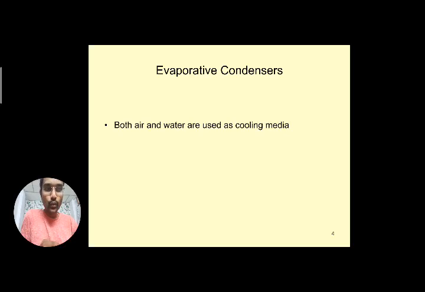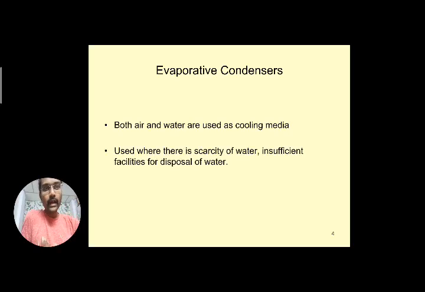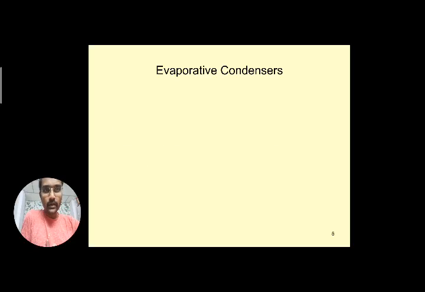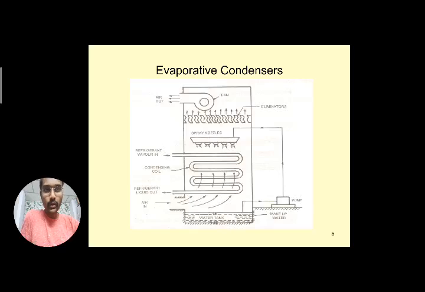If not, you can go for a combination of both cooling mediums, air and water. If you look into the line diagram, you will get an idea of how air, water and the refrigerant make contact with each other. We can use these evaporative condensers when there is scarcity of water or insufficient facilities for disposal of water.